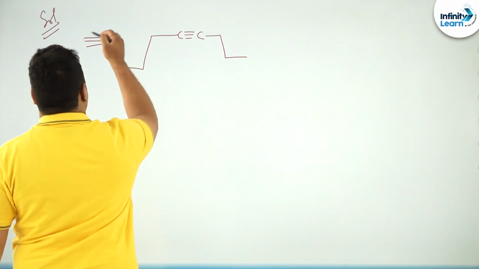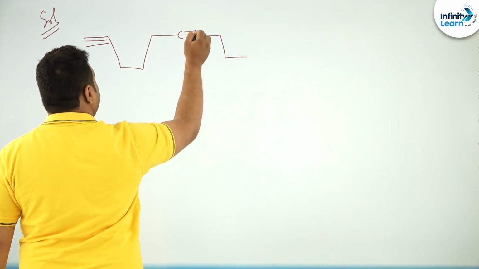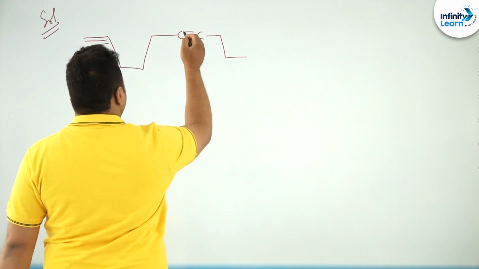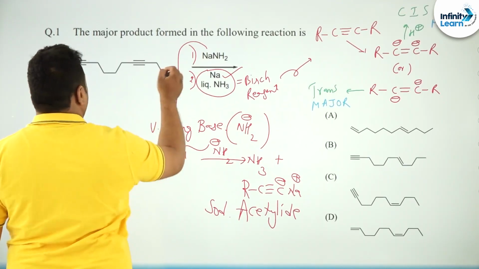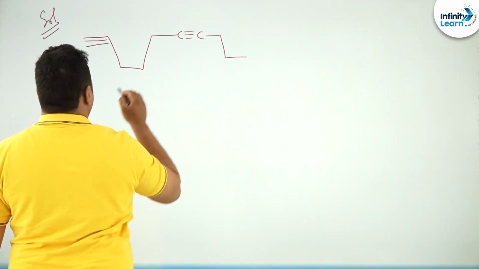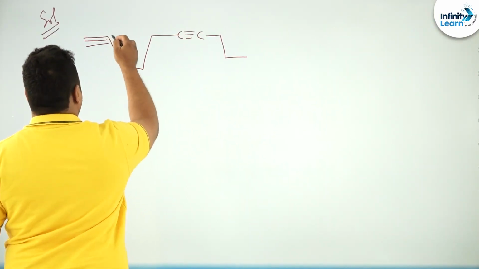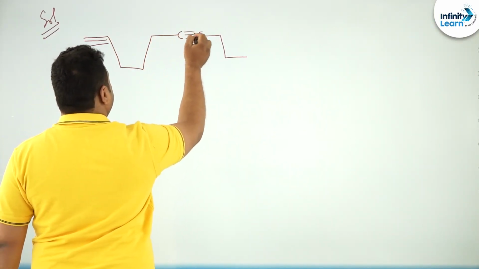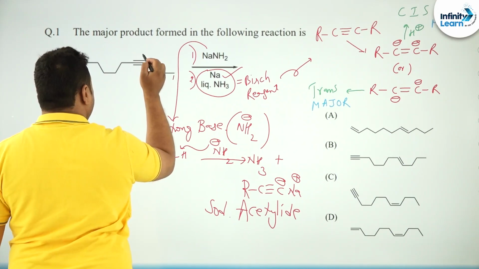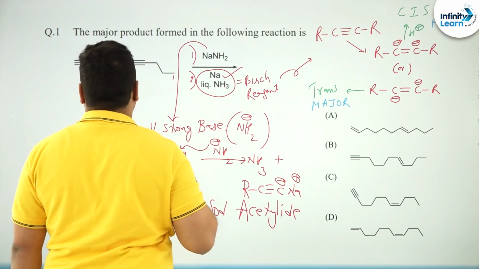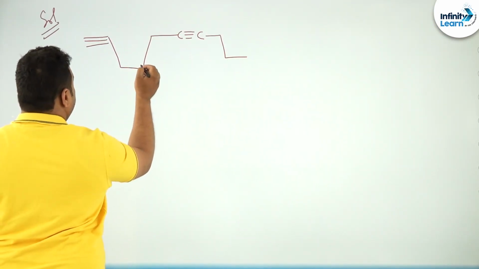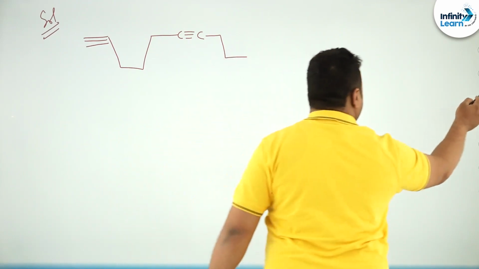Let me recount: 1, 2, 3, 4, 5, 6, 7, 8, 9, 10, 11. Where is the difference I have gone? Okay, here you can see 2 carbons are there, no issue.